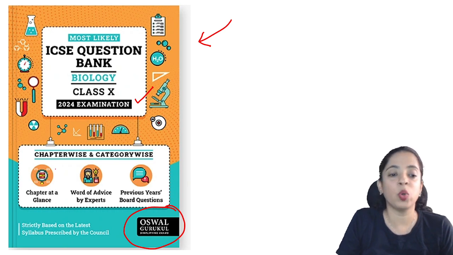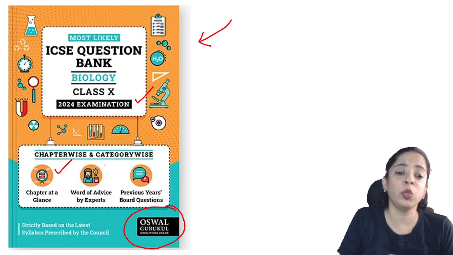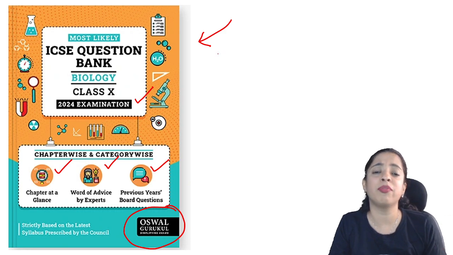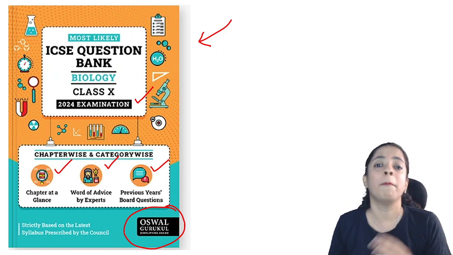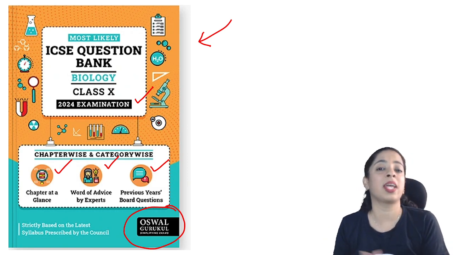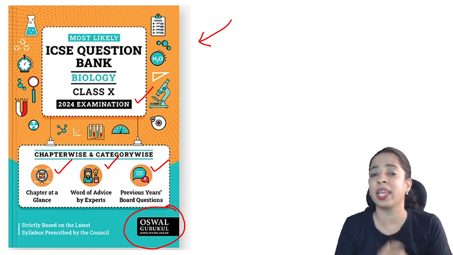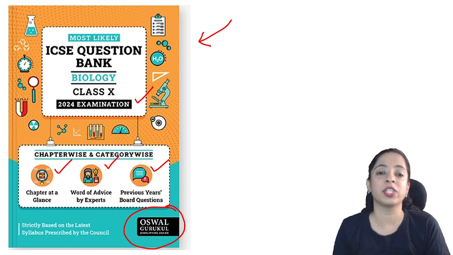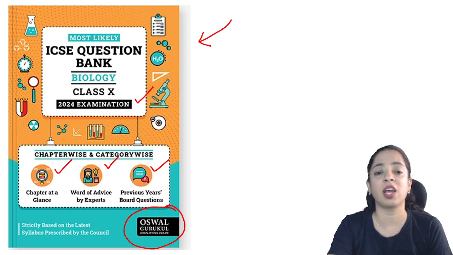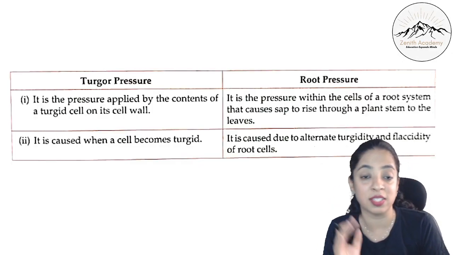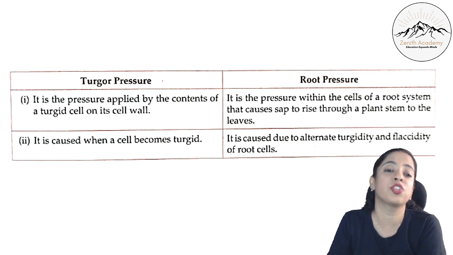For each chapter you have chapter at a glance, word of advice by experts, previous year's board questions, and all the types of questions like name the following, give technical terms, match the columns, multiple choice questions, fill in the blanks, short answer type questions, long answer type questions, diagram based questions, then reasoning and assertion types of questions. All the types of questions are covered chapter wise, which is very good, along with perfect answers. And this is the next question.